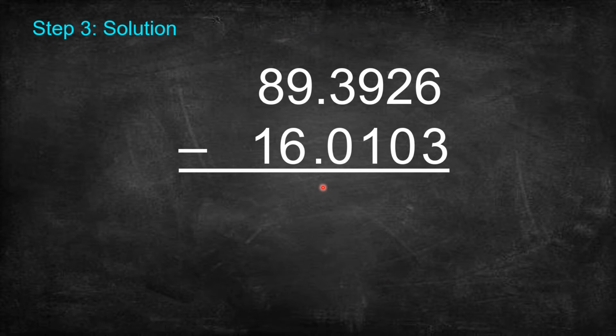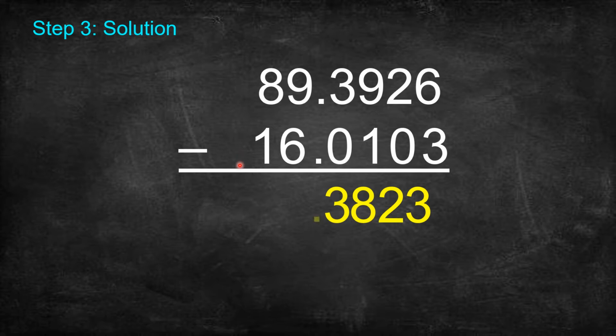So again, we have here 89 and 3,926 10,000s minus 16 and 103 10,000s. So in subtraction, unahin ulit natin yung nasa right side. So we have 6 minus 3, that is equal to 3. And then, 2 minus 0 is equal to 2. 9 minus 1 is equal to 8. 3 minus 0 is equal to 3.